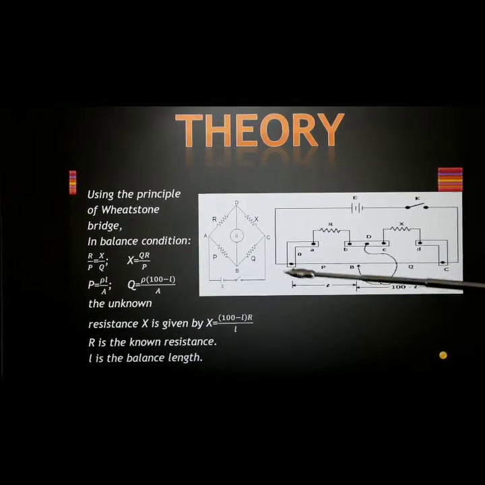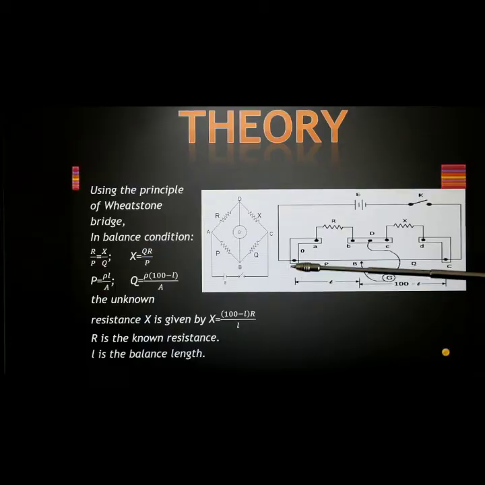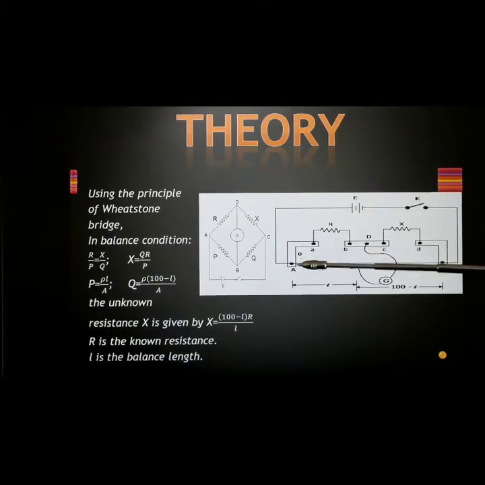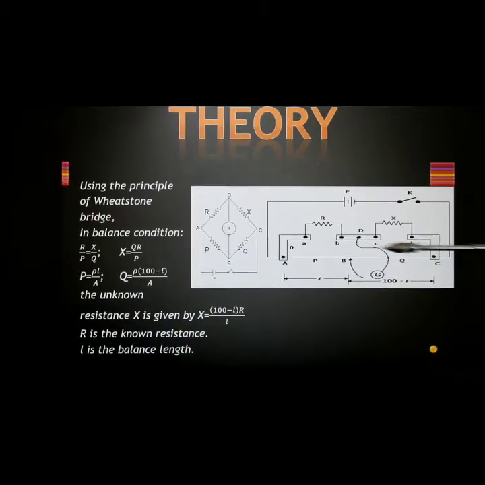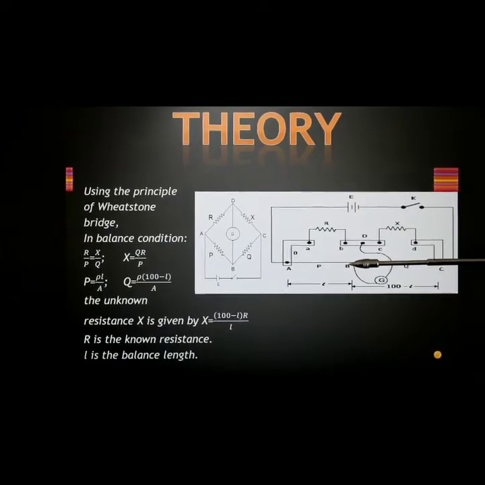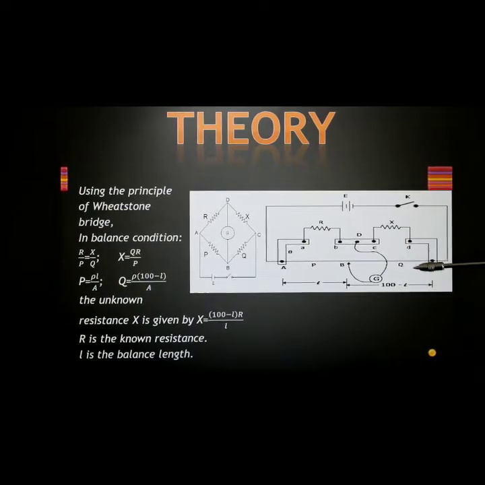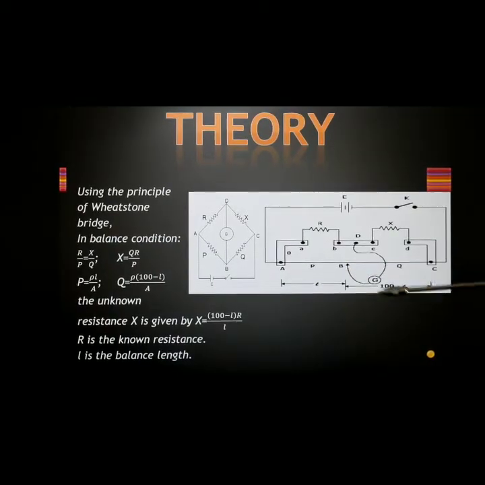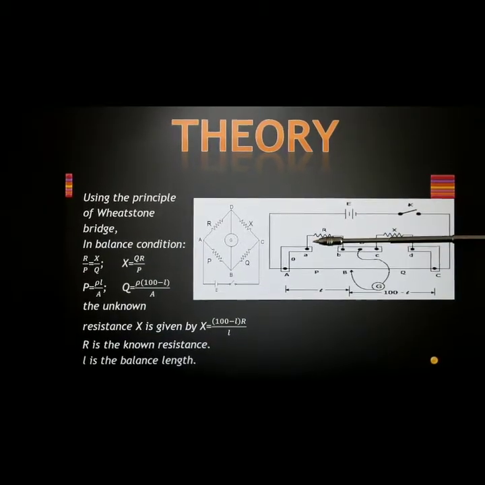Here the resistors P and Q are denoted, and the meter bridge wire runs from A to C. The length of this wire is 100 centimeters or 1 meter, and this is divided into two resistors by the jockey, which can slide over this wire AC and divide it into two, P and Q. So we keep varying the resistances P and Q till we find the balance condition, that is, the current through the galvanometer is equal to 0. And this is R and X. Of course, R is a known resistor.